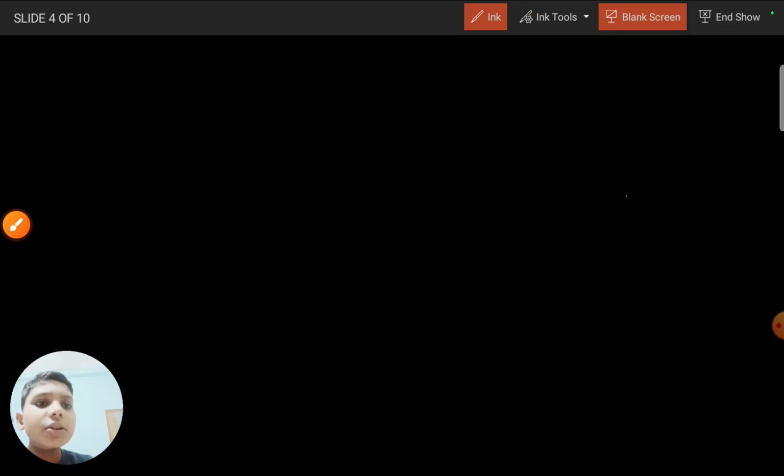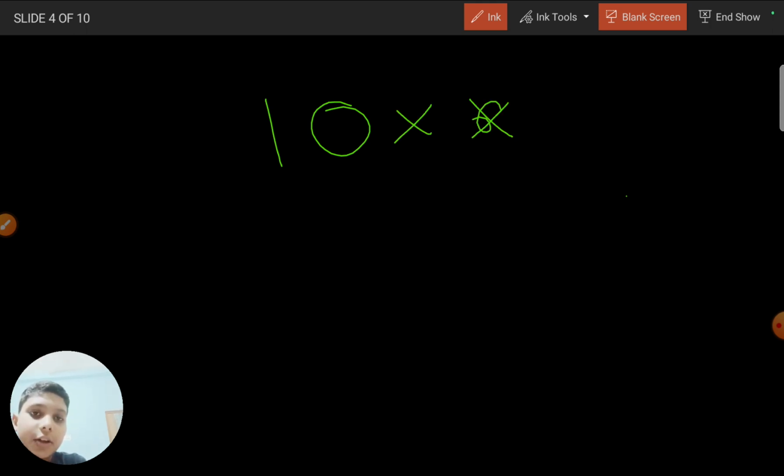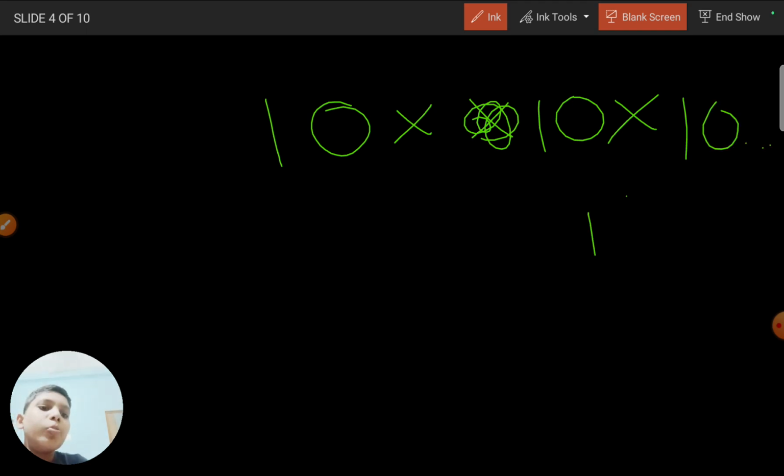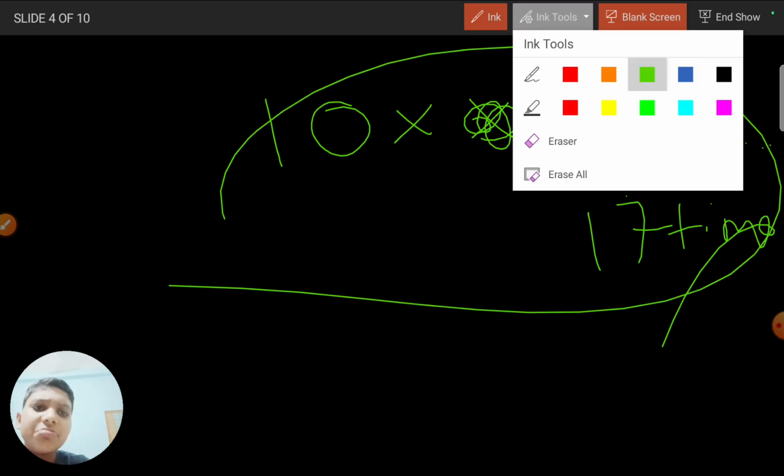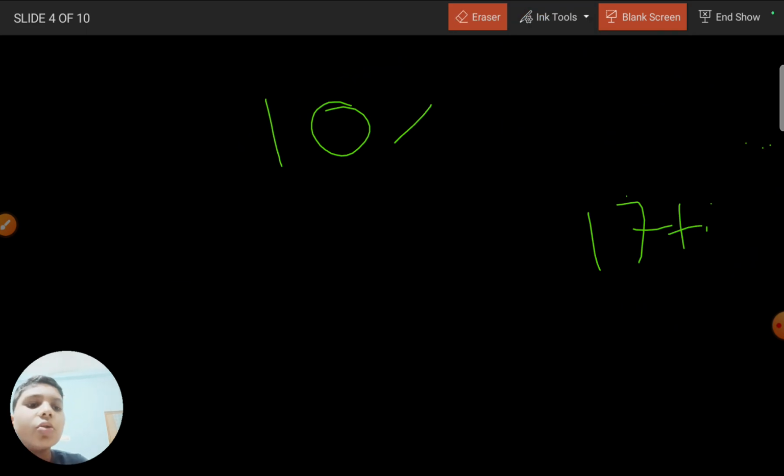So what we can do, simply we can write 10 into 10 into 10 into 10 and more, 17 times. But this still is not looking good, right? Is it looking good? No, of course not. So what is the real method? How can we write this whole thing in a very small way?